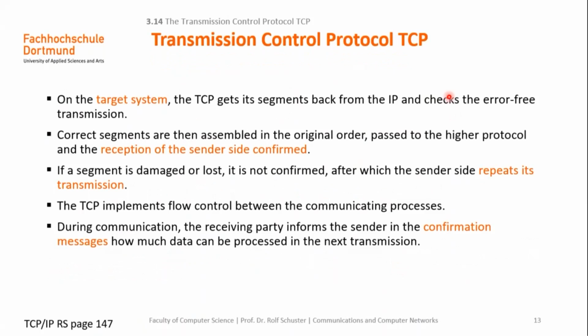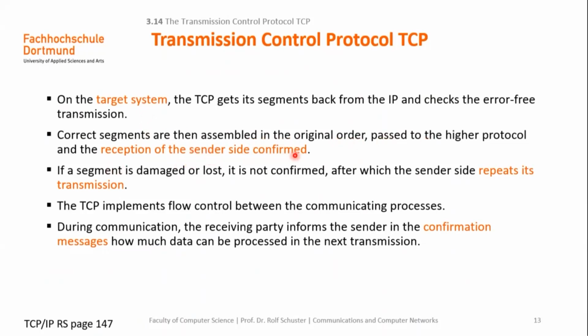On the target system, the TCP gets its segments back from the IP and checks the error-free transmission. Correct segments, that is the segments that arrive to the target system without errors, are then assembled in the original order. We will see that this is accomplished using the sequence number, passed to the higher protocol, and the reception is confirmed to the sender side.